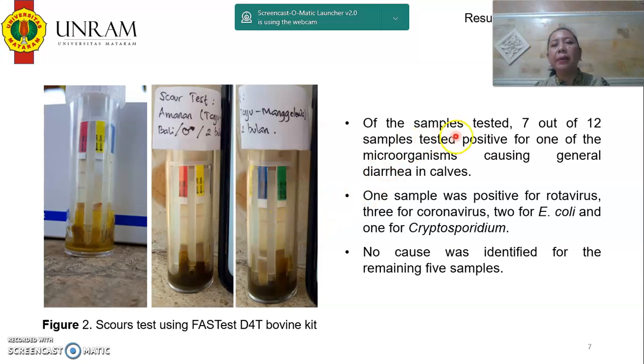Of the samples tested, only 7 out of 12 tested positive for one of the microorganisms causing general diarrhea in calves. One sample tested positive for rotavirus, 3 for coronavirus, 2 for E. coli, and 1 for cryptosporidium. No cause was identified for the remaining 5 samples.